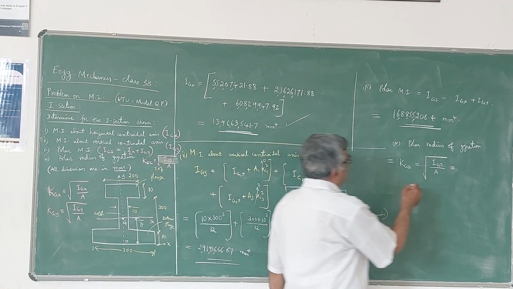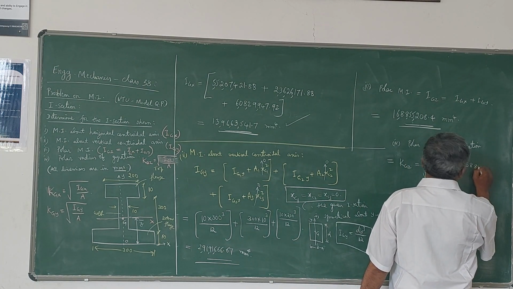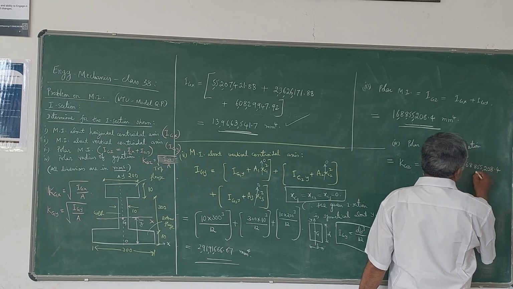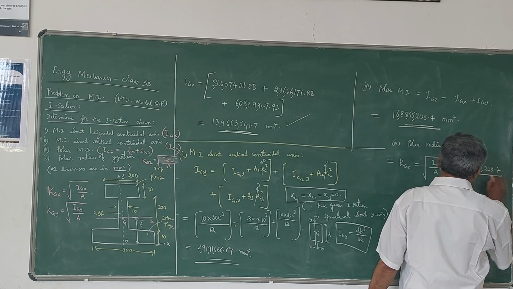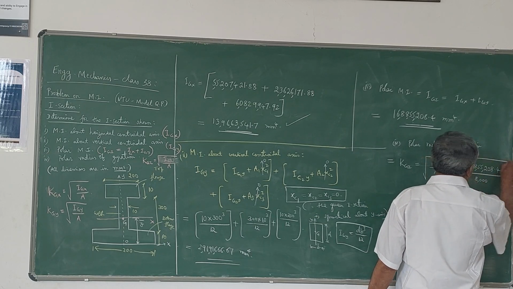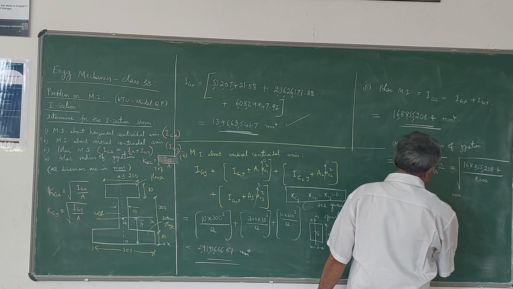So I can write it as 168855208.4, this is the Igz value, divided by the total area 8000. This is under root. So this is the value of the polar radius of gyration.